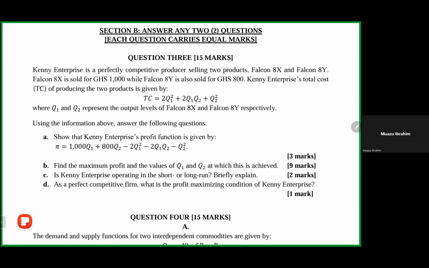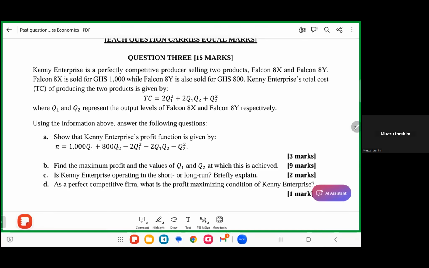Briefly explain. And as a perfect competitive firm, what is the profit maximizing condition of Kenny? So this is a simple question, and we have to answer it. Let's see how we answer this.